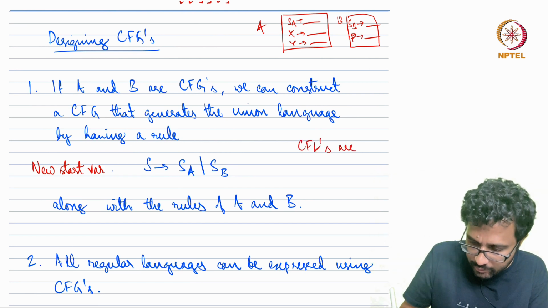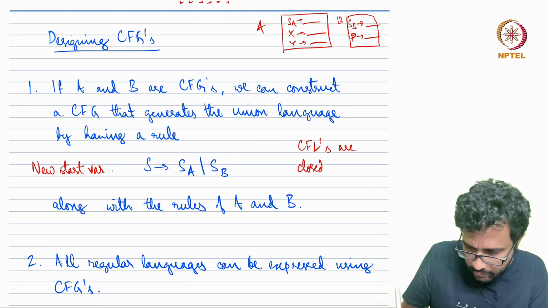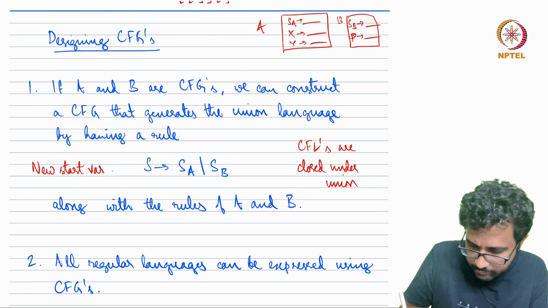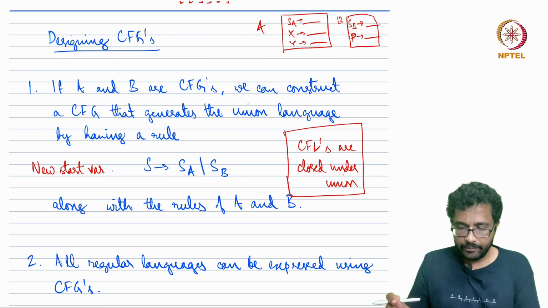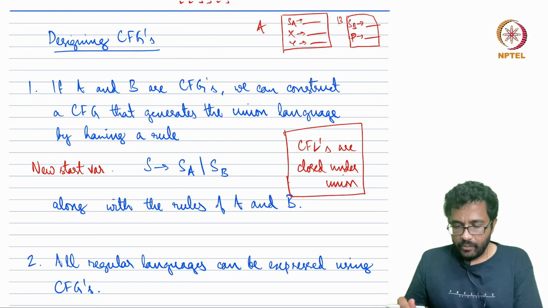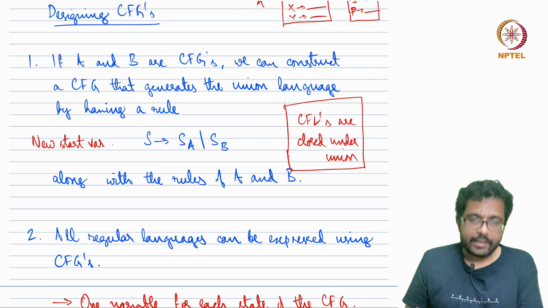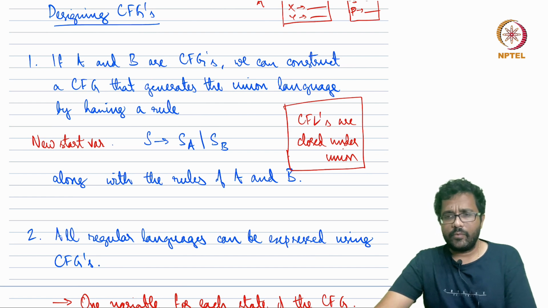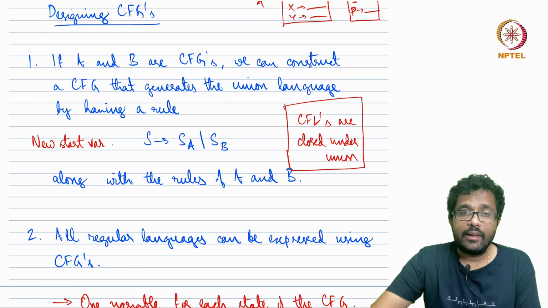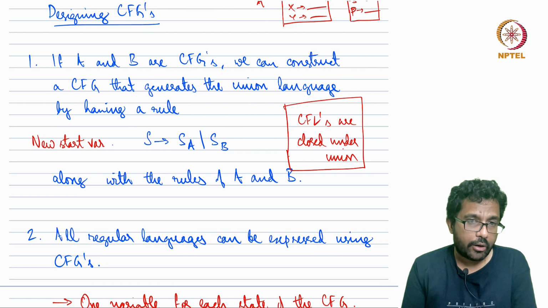CFLs are closed under union, right. Now we already said that this is a bit more than regular languages, but we also saw examples where there were languages that were not regular but are CFGs.